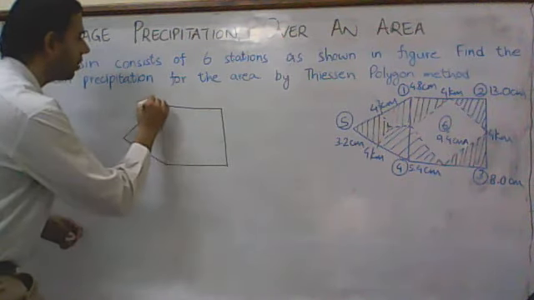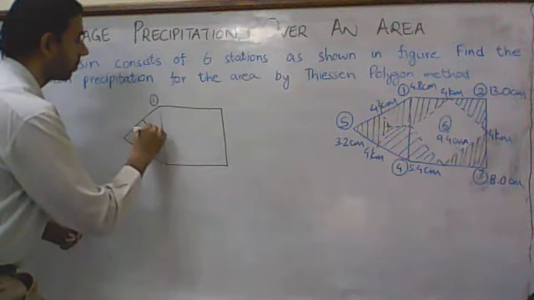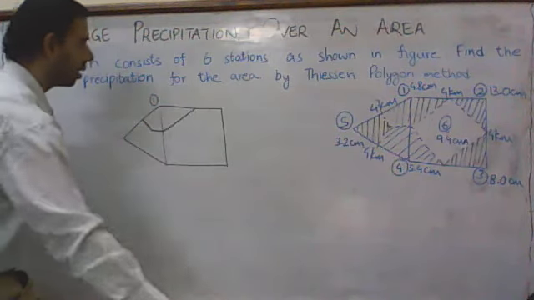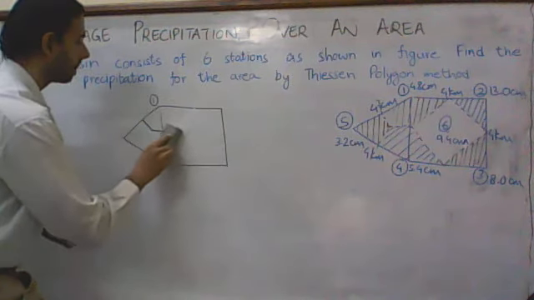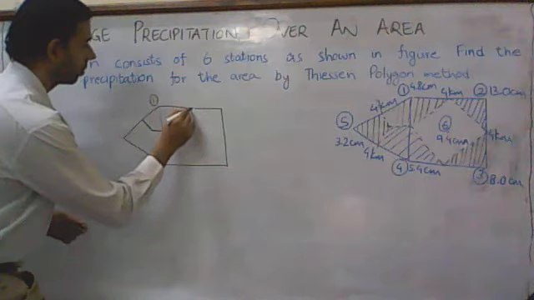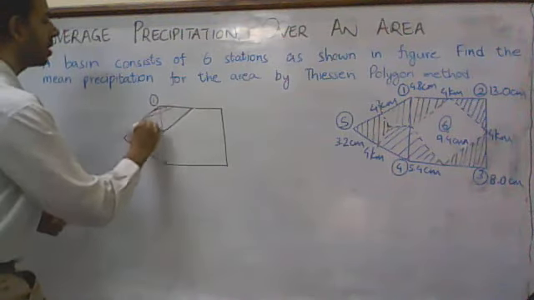Now for station 1, this is the influence area.